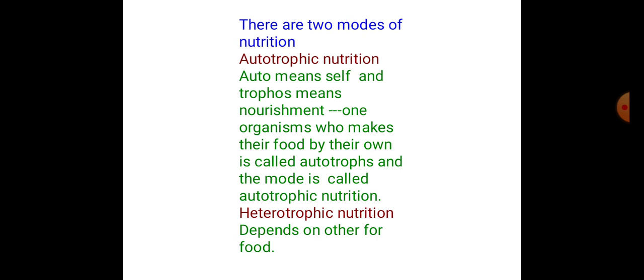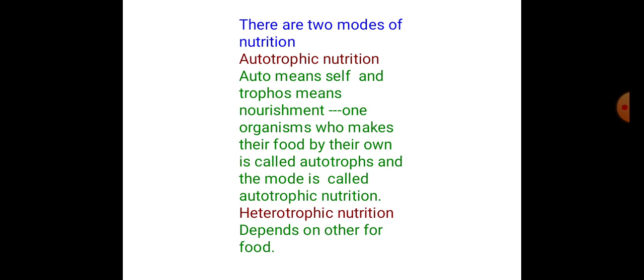Animals depend on green plants for food, as they cannot make food on their own. They do not have the ability to catch sunlight or sun energy and make their food by themselves.